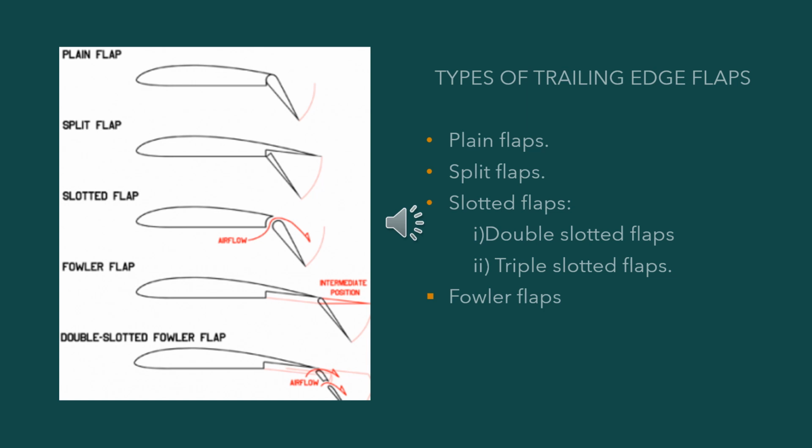And the last one is the Fowler flaps. Fowlers are here to create the serious lift. Fowler flaps increase the area of your wing by extending out on rails or tracks. Fowler flaps often have a series of slots to add energy to the airflow as well, and they are called slotted Fowler flaps.